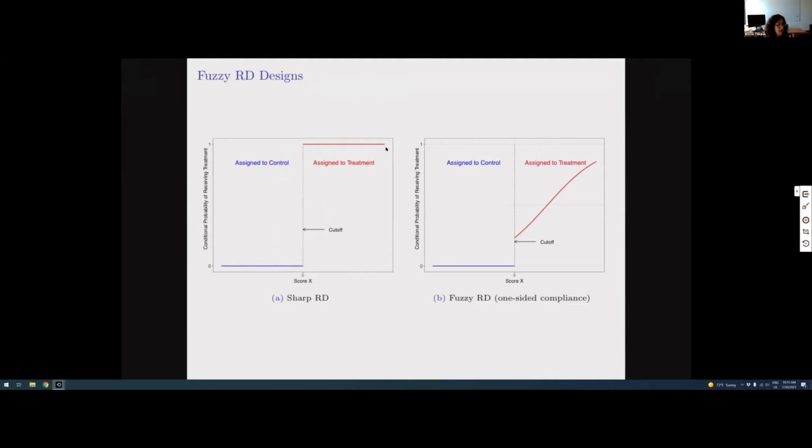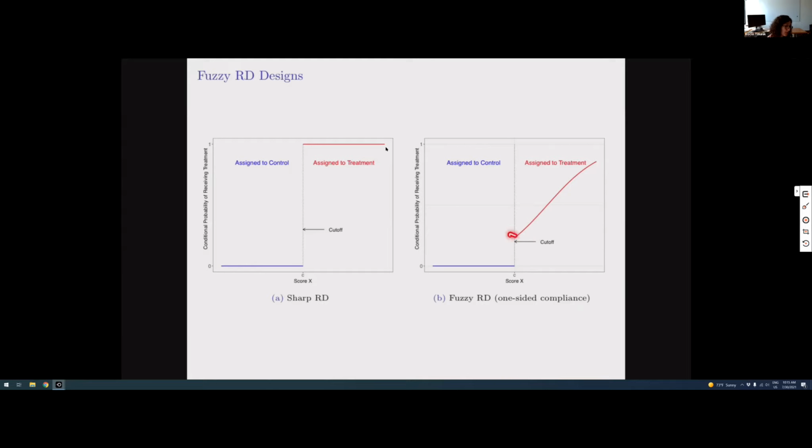When we have non-compliance, that jump still exists. When you cross the cutoff, the probability of receiving treatment changes discontinuously, but not necessarily from 0 to 1. In this plot, you're seeing one-sided compliance. Everybody whose score is below the cutoff is in the control condition and doesn't receive the treatment, but above the cutoff, a fraction of the units assigned to treatment don't take it.